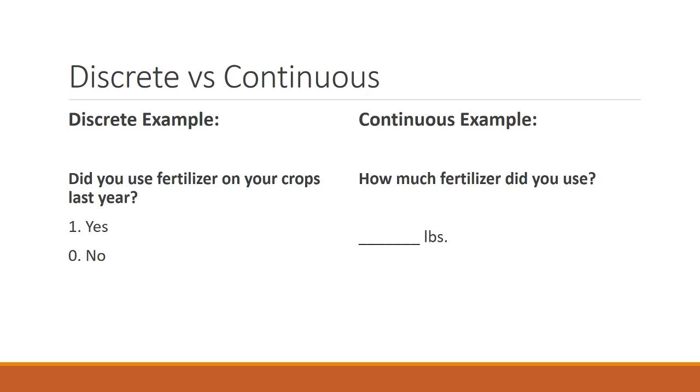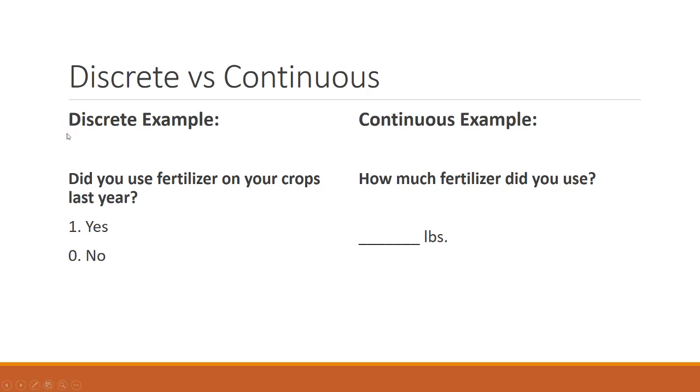So let's just look at some examples. If we're taking some survey data of some farmers, I use a lot of farming examples. As you'll see, a lot of my research relates to small-scale agriculture in Africa. So I use a lot of farming examples.